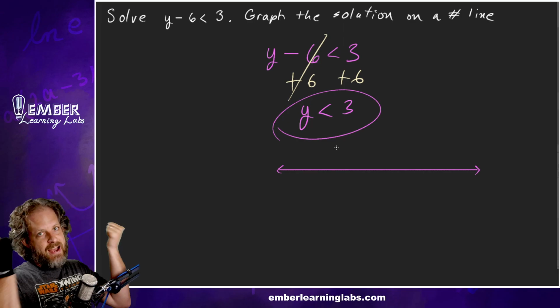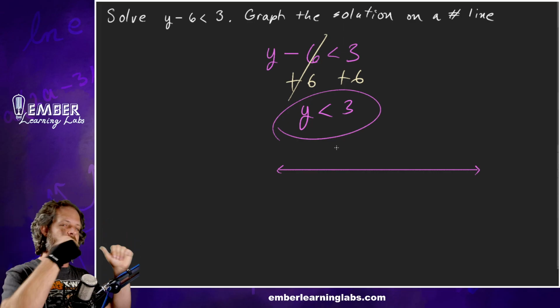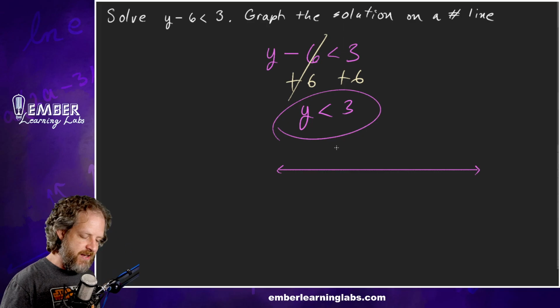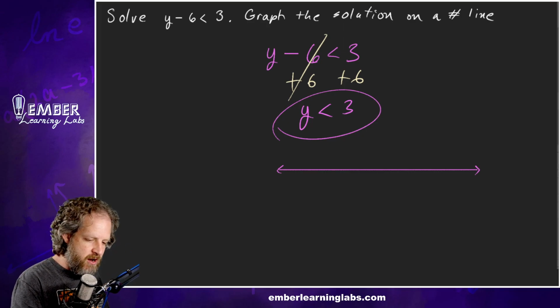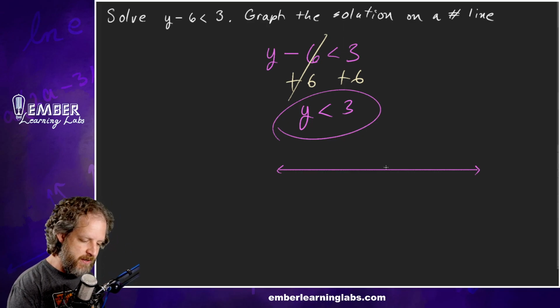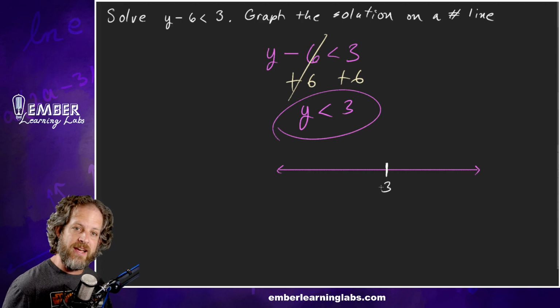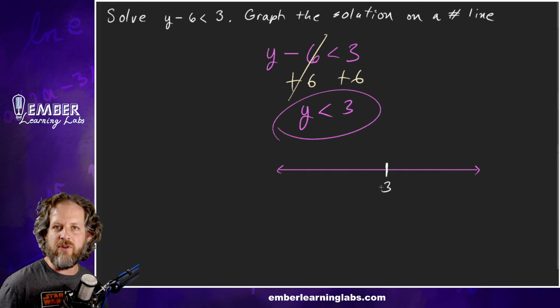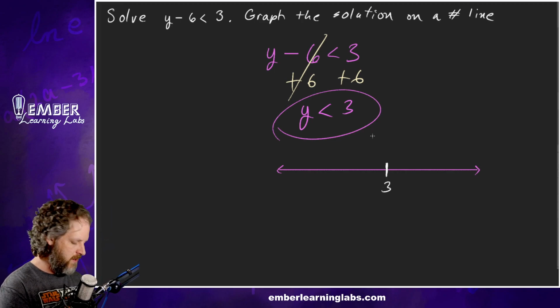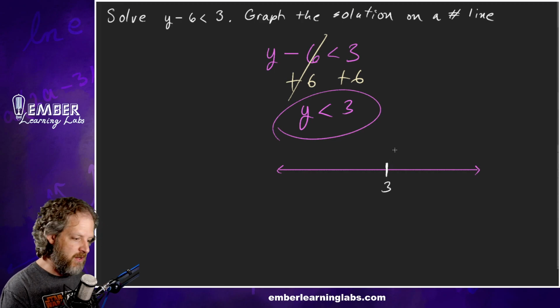We'll have stuff graphing outside and inside and all these different things. But on these, in Algebra 2, we're going for a really simple approach. We're going to put the number we're graphing on there. So we're going to put a 3, and then we're going to put either an open or a closed circle. Next year in pre-cal, we'll use interval notation. But for now, we're just going to use regular open and closed circle notation.